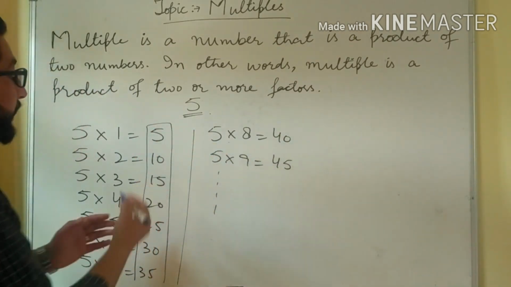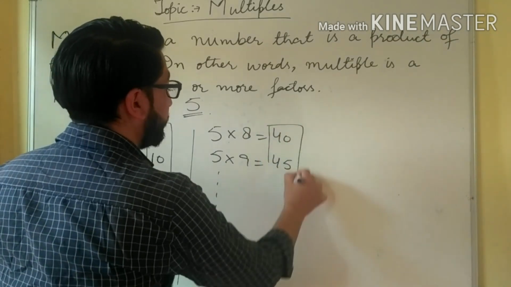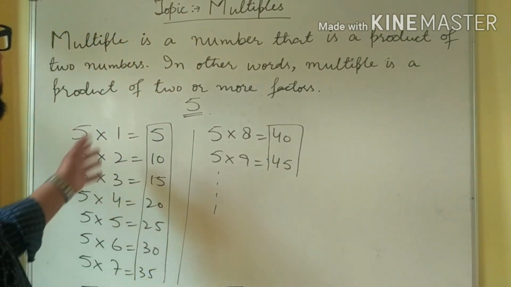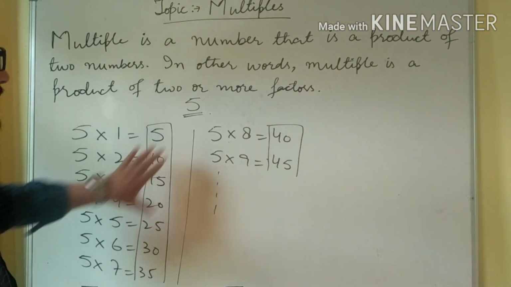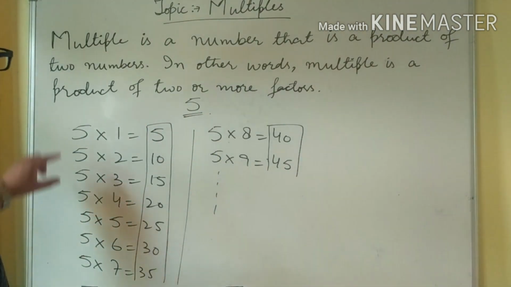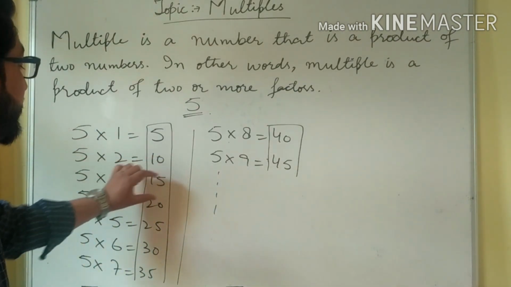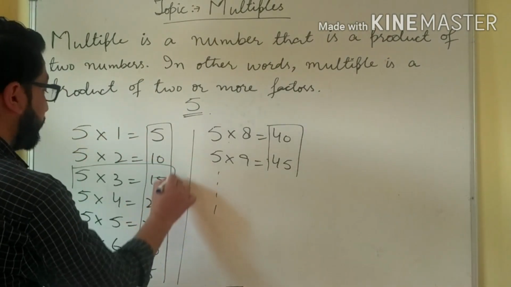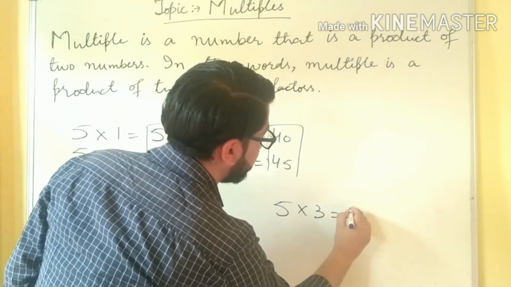So this 5, 10, 15, 20, 25, 30, 35, 40, 45, these are now multiples of 5. What I have done, I have multiplied this 5 with counting numbers. So we can say that these numbers here, if we pick any number, suppose I will choose this number, 5 multiplied by 3. 5 multiplied by 3 is 15.